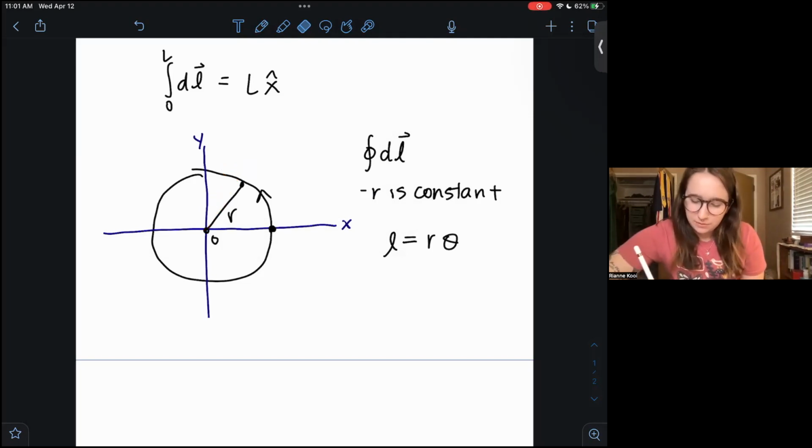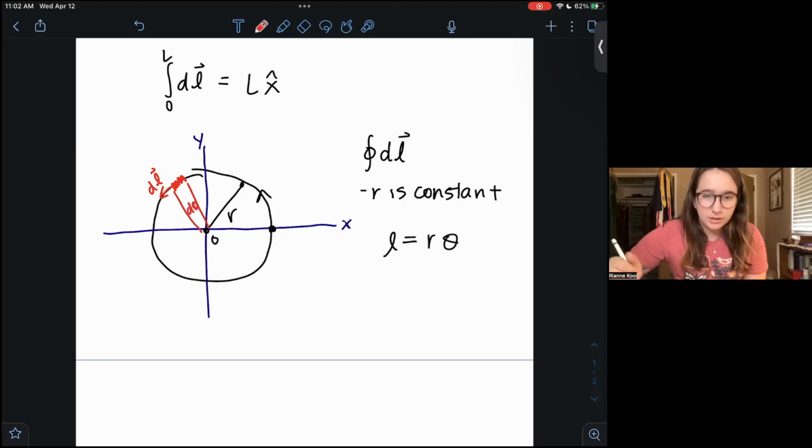Let's say we want to find this dL right here, going in that direction, and it has this d theta right there, because it's an infinitesimally small dL.